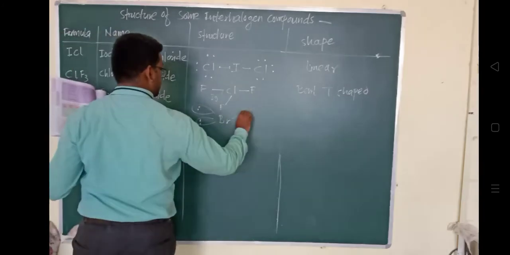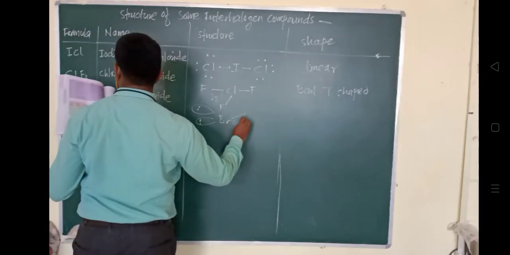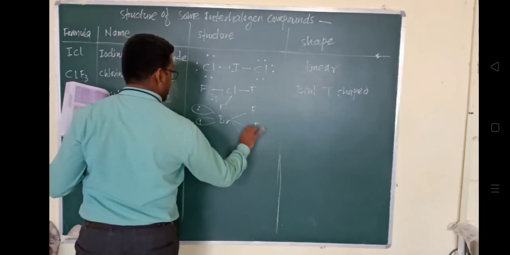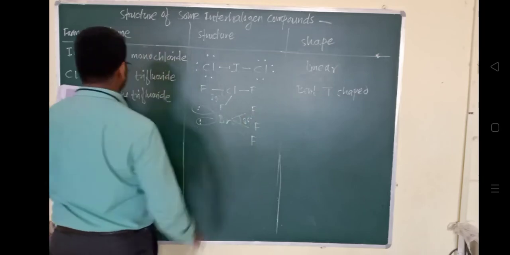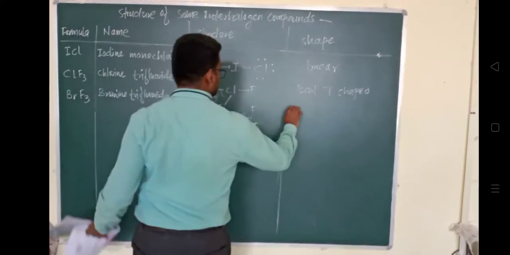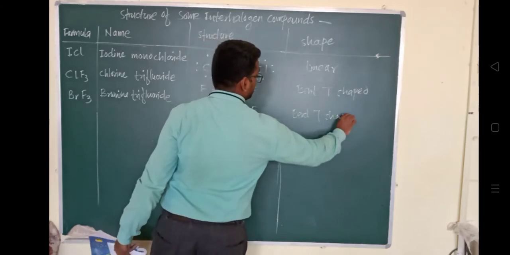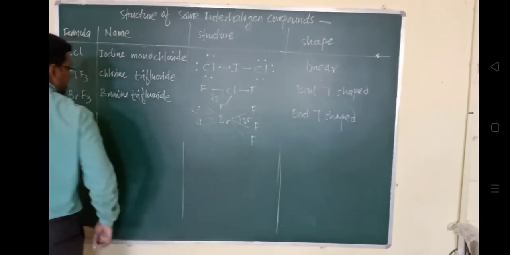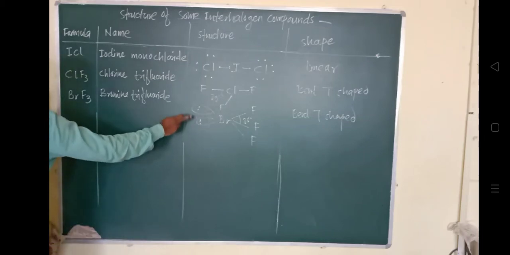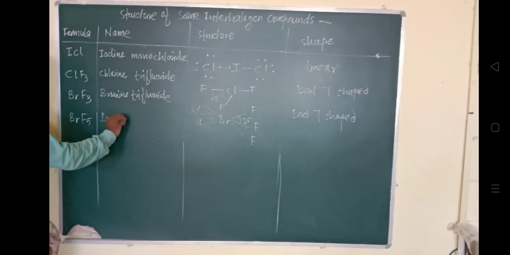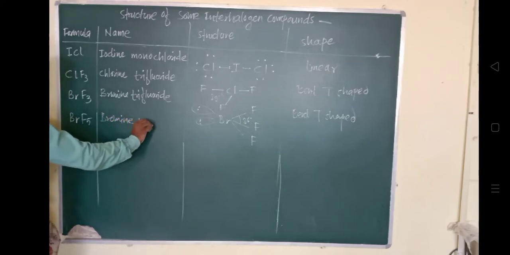Then next, bromine pentafluoride. The nomenclature is bromine penta, where penta is for the fluorine atoms. Penta means 5. Its structure is like this: Br, one fluorine atom like this, 5 fluorines, 1, 2, 3, 4 and 5, and there is one lone pair like this.